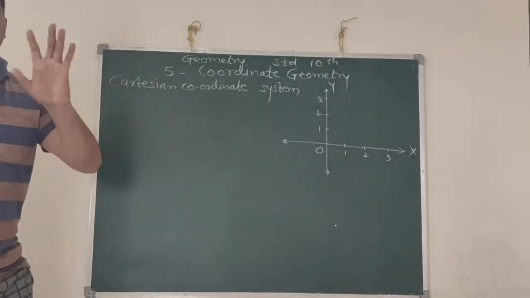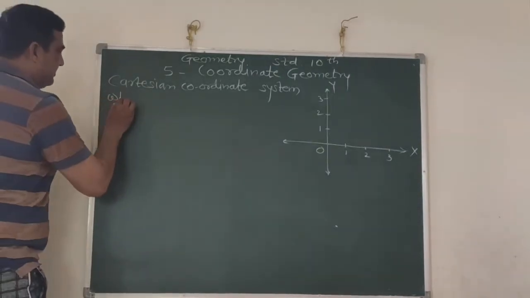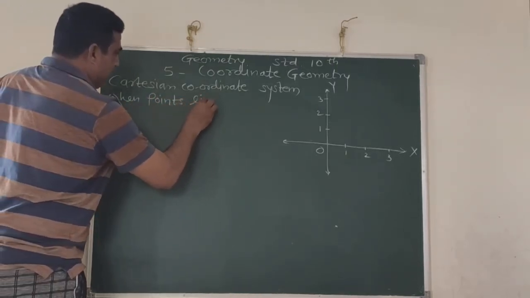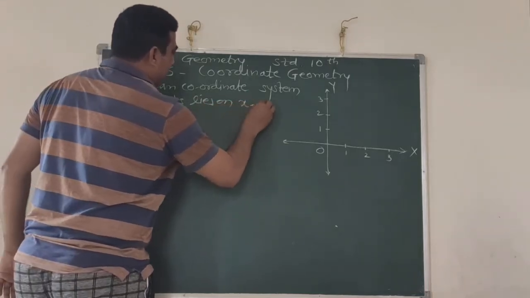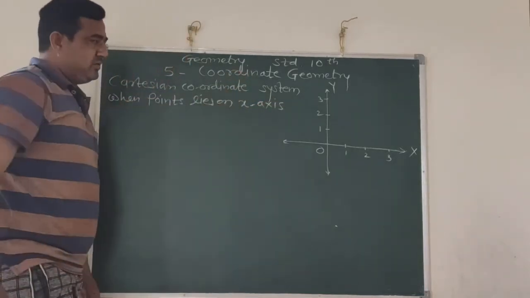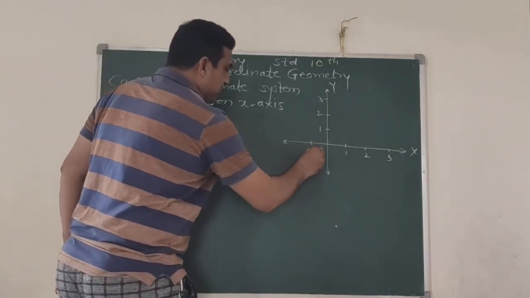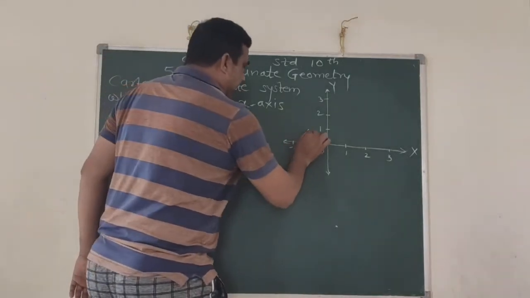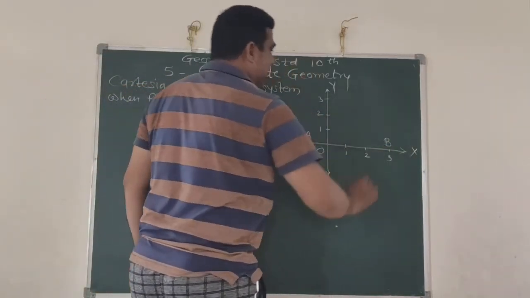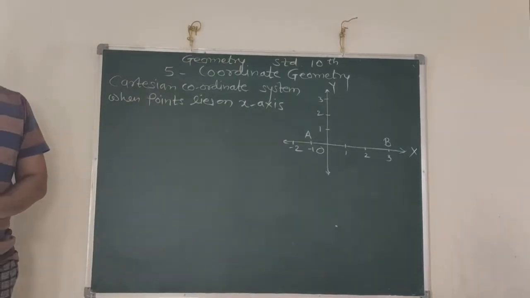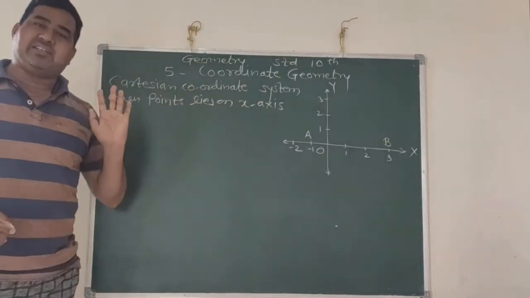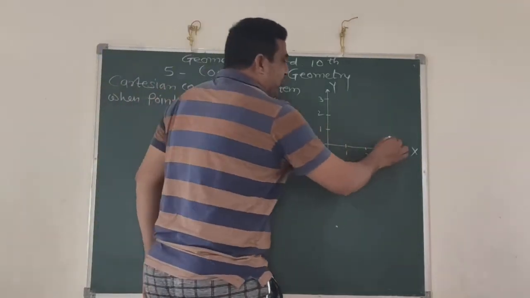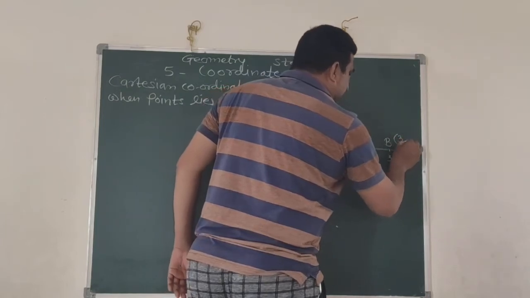when these points lie on an axis, when points lie on the x-axis. So for your convenience, here I consider point A and point B. Points A and B lie on the x-axis, and whenever we write coordinates in general, the coordinate of point B is x coordinate 3, y coordinate 0.